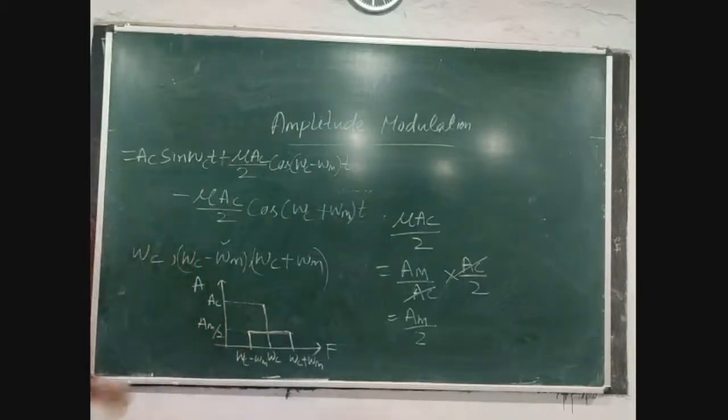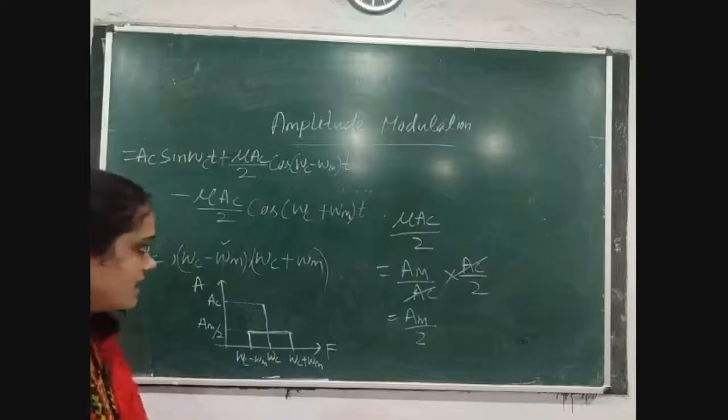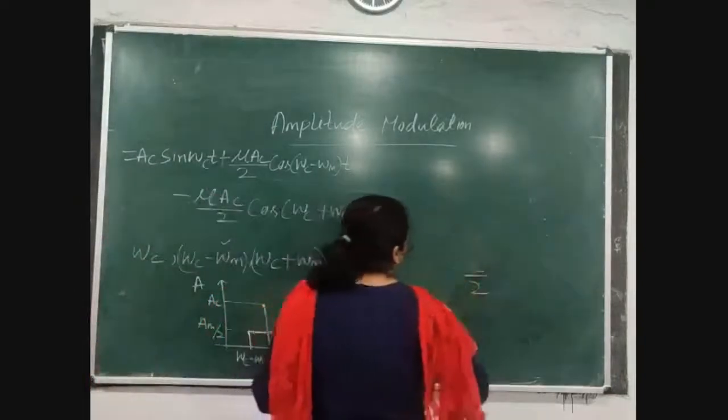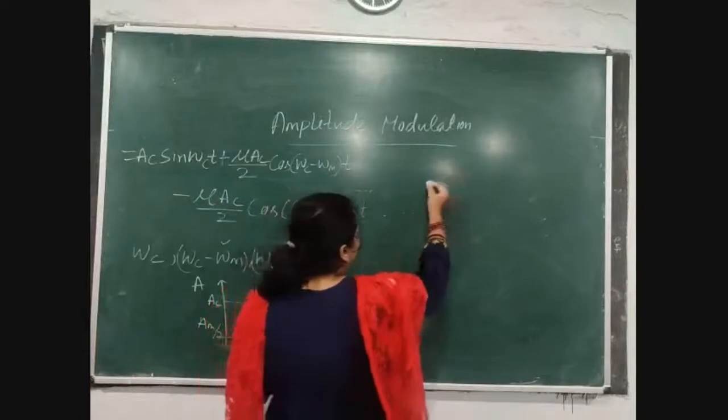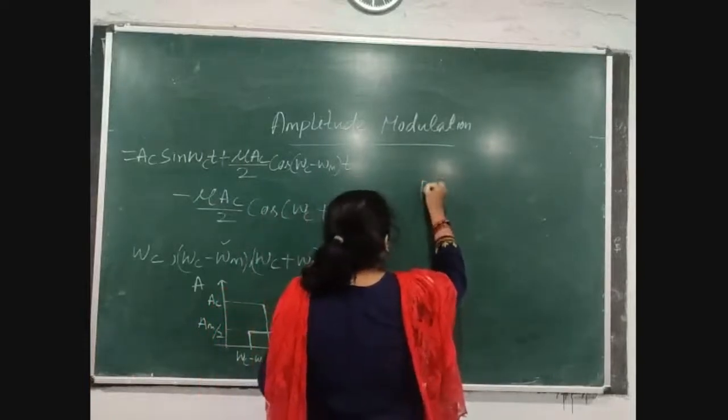Okay, from this we can find the bandwidth of the AM signal, meaning the amplitude modulated signal.